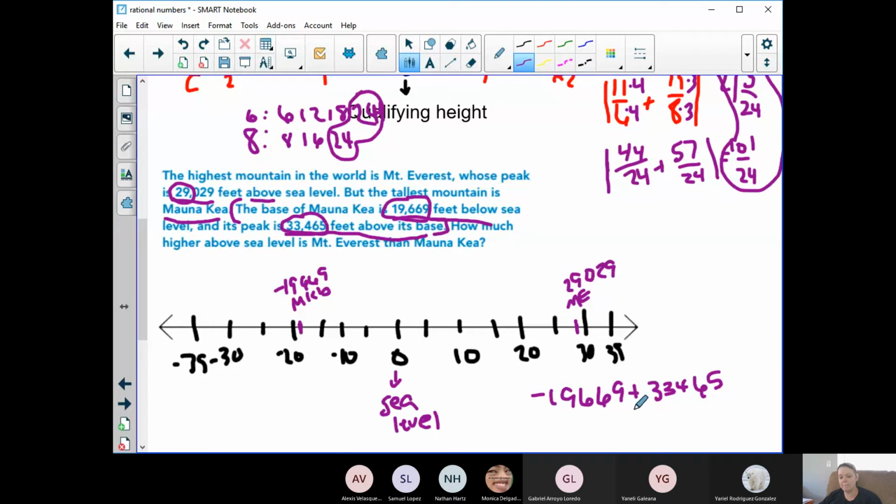because that tells us how far above the negative 19,669 the peak is.